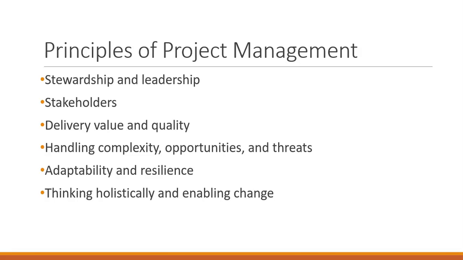So, how do we look at things and think about that adaptability and how we can make those things happen, how we can encourage others, our stakeholders, to be just as invested in the project as we are and move them along.